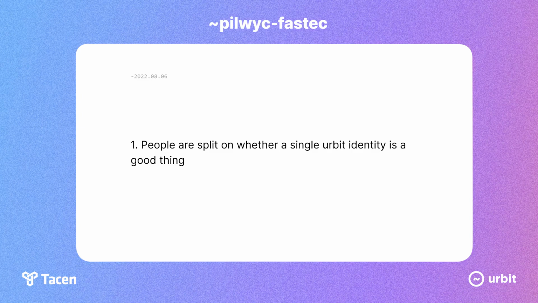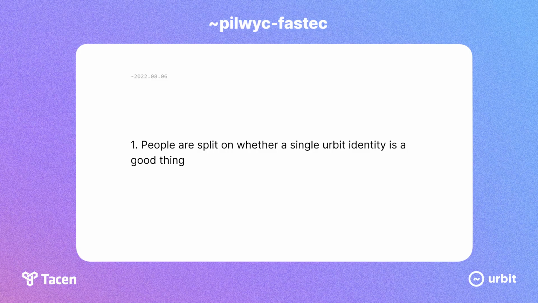If I'm part of a PTA or a poker group or online gaming, those are all different identities that I could potentially assume. Some of them share things like my name, but some of them do not. I haven't really cross-pollinated pilwyc-fastec with my personal identity, partially because the way I do work may be considered a conflict of interest.